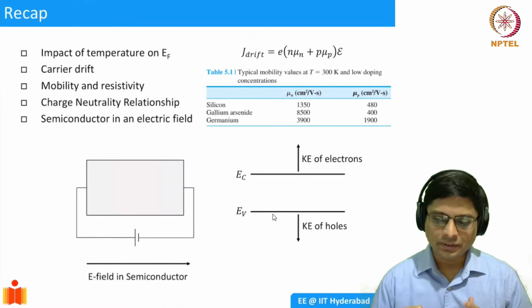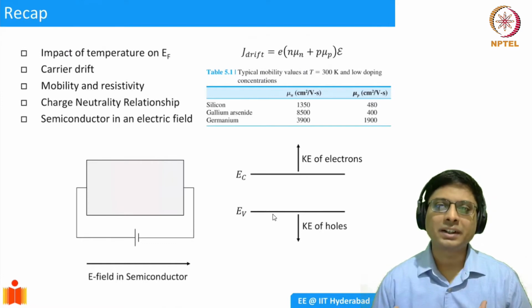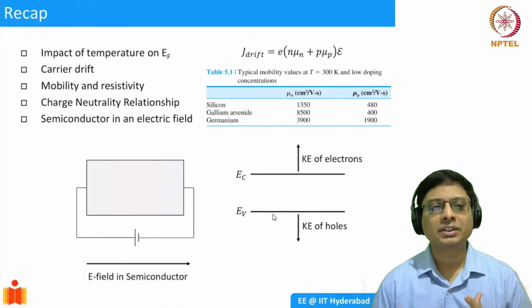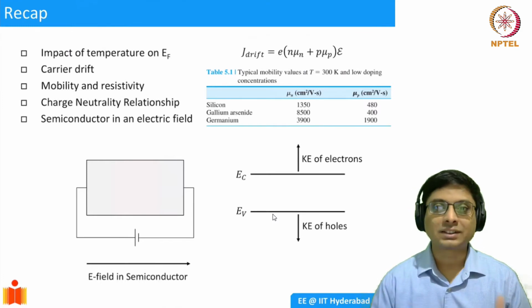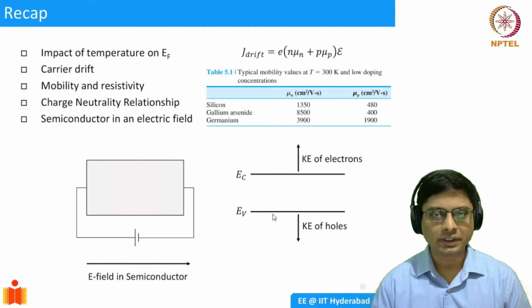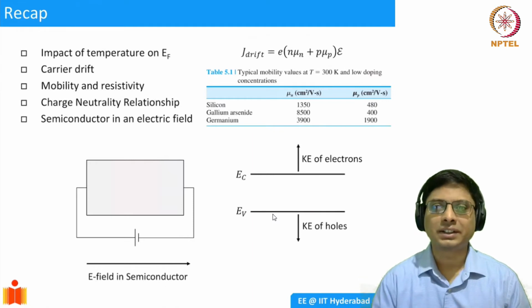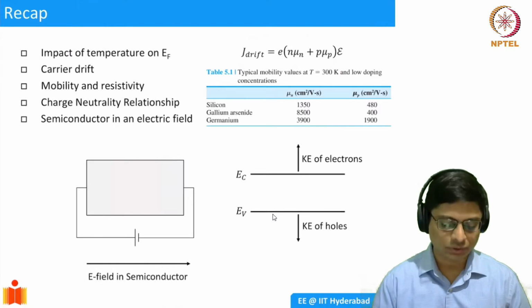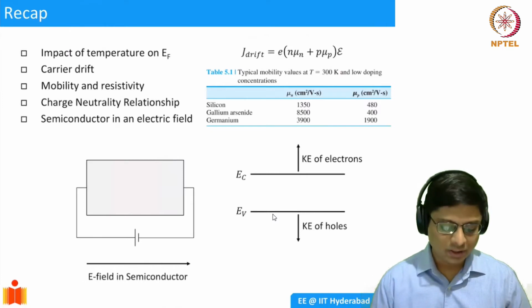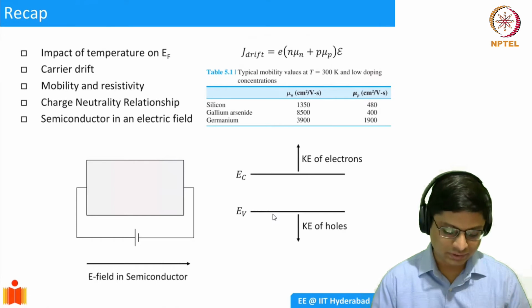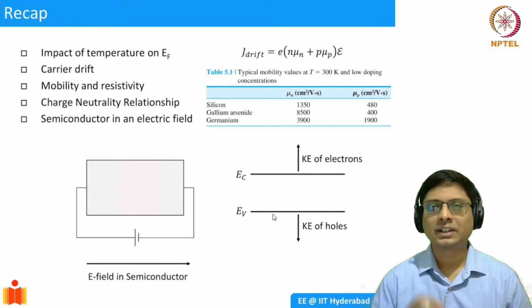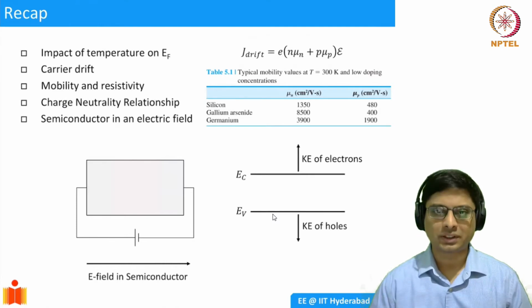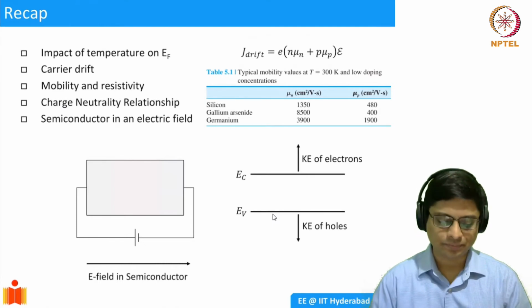And then we went on to talk about compensated semiconductors, which are essentially semiconductors where you have both acceptor and donor dopants present. So we have to take the net difference, and that we can derive by what is known as the charge neutrality relationship. We showed you an expression for this, and then we derived the carrier concentration for electrons, and we said that that could be applied for holes as well, by a small modification.